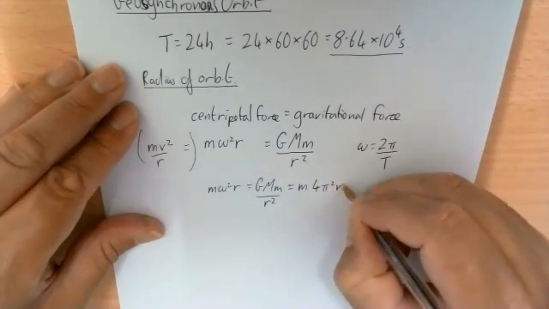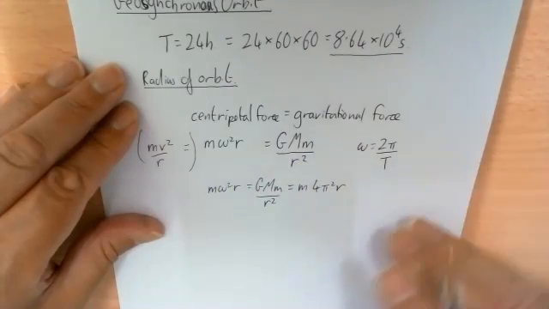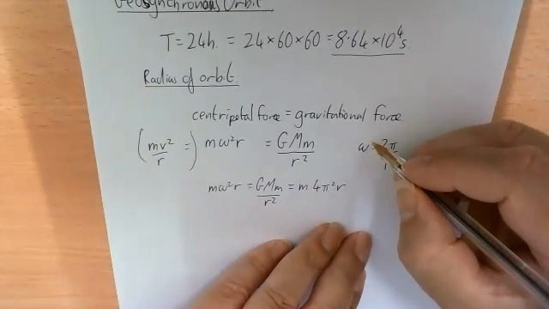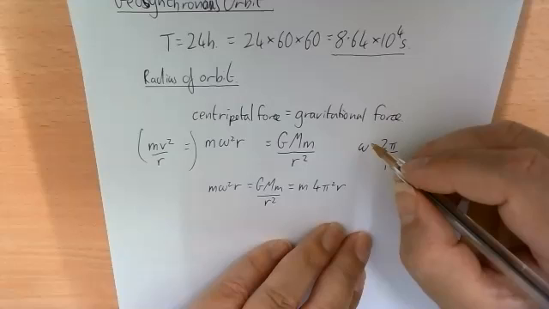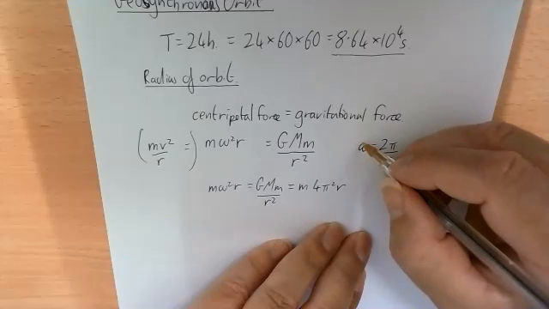Excuse me, yes? Omega is equal to 2 pi over T. What formula is that? Did you do the unit on Seneca on circular motion? Yes. Right, so that is the angular velocity.